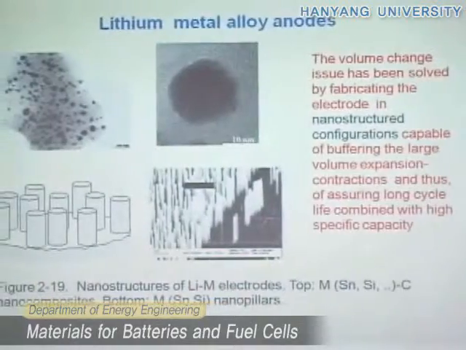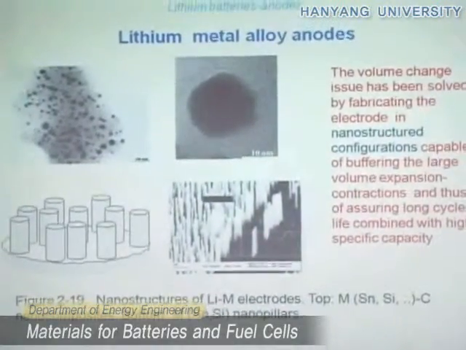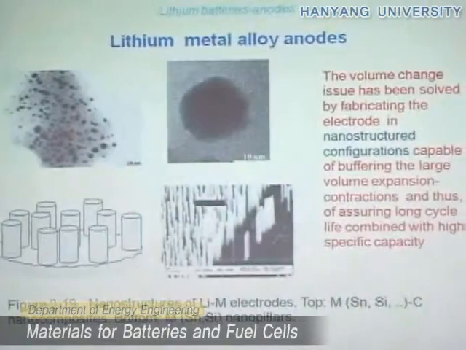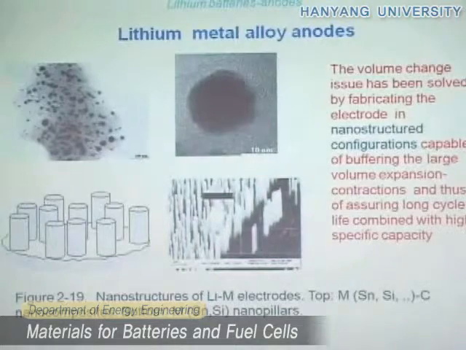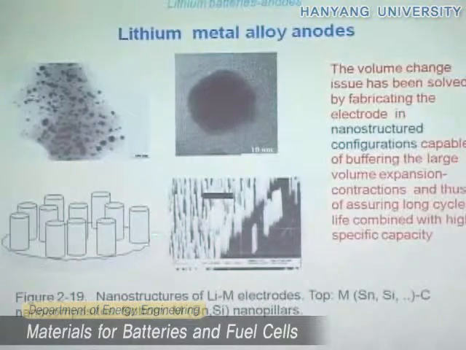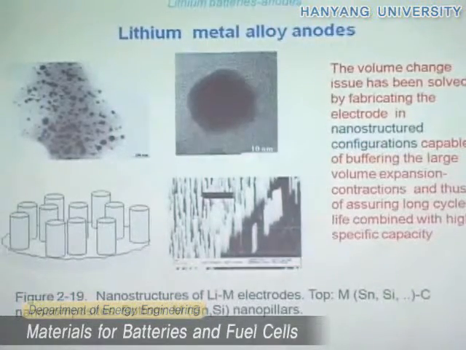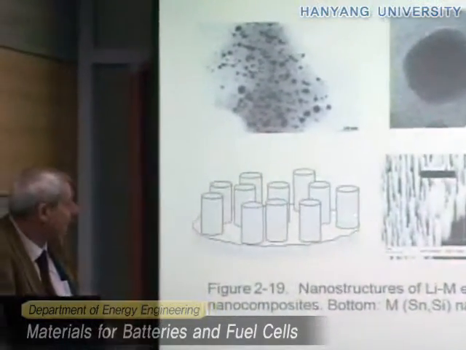So how can we solve the problem? Or better, how has the problem been solved? The problem has been solved, again, by going to nanostructures. For instance, let's take this example here. This is related to silicon. You see that instead of preparing the electrode of silicon as a compact structure, we prepare the electrode in the form of pillars, like this one, nanopillars.